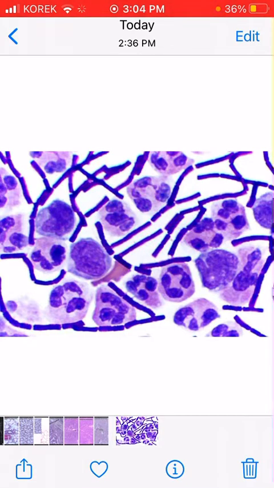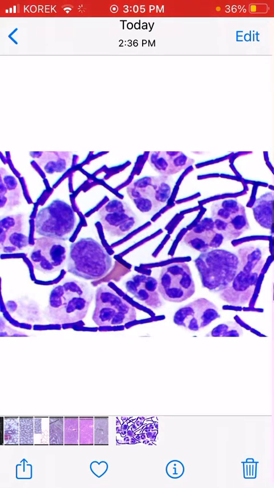One of the ways to detect or diagnose anthrax is culture. We spoke about staining: methylene blue stain and Wright or Giemsa stain, polychrome methylene blue stain. So, one of the ways to diagnose anthrax is by culturing.